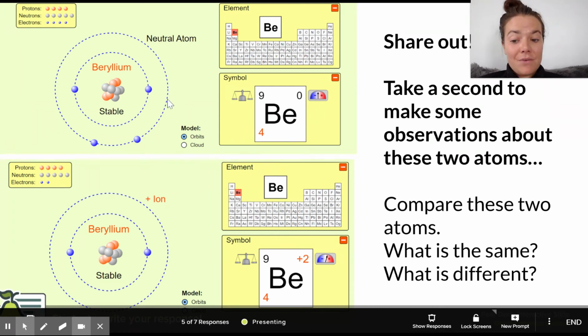What is different is that this one has 4 electrons to balance out the 4 protons. Down here, it's lost 2 of those electrons. It only has 2, so it doesn't balance out with the 4 protons. There are then 2 more protons than there are electrons, so that is why it is labeled here as a positive ion with a +2 charge.